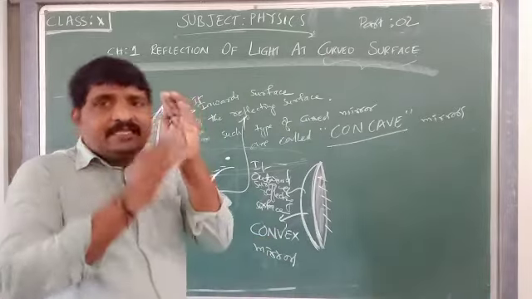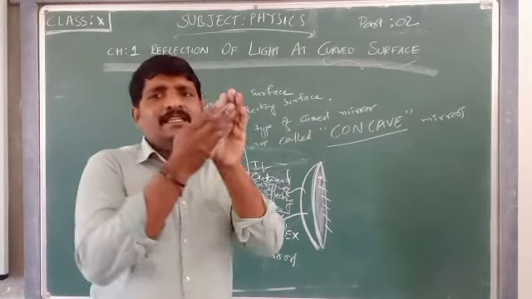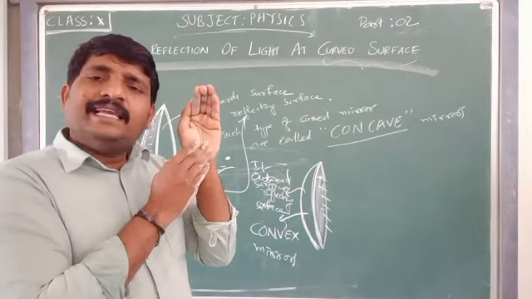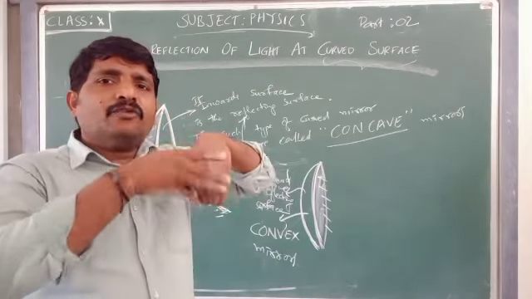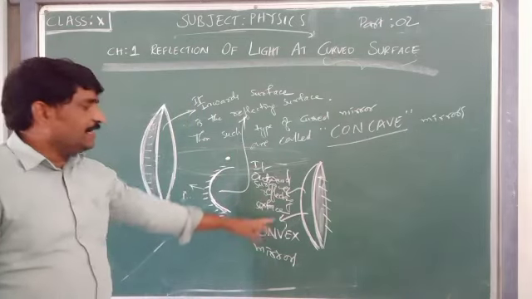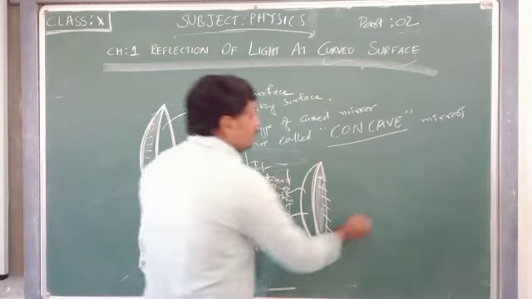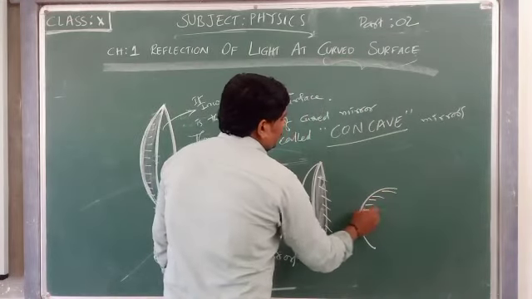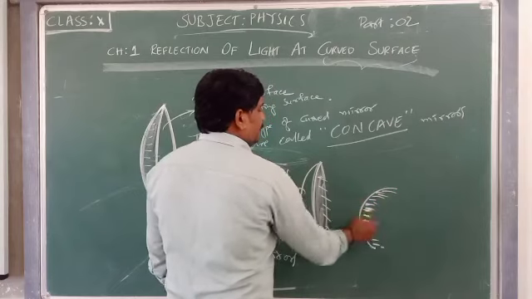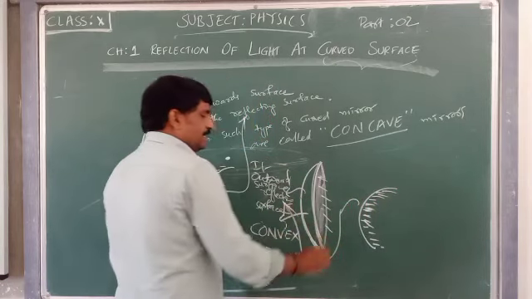That is, inwards it is painted with silver or aluminium and sealed with paint. The outward bulge-out region will act like a reflecting surface. Such types of mirrors we call convex mirrors. Generally, it is represented like this. That is, inwards is painted. This is the reflecting surface.